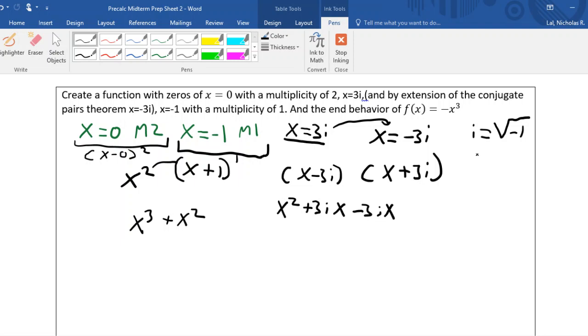Now, if i is the square root of negative 1, i squared, i times i, is equal to negative 1. Make sense? All right, so what is negative 3i times positive 3i?